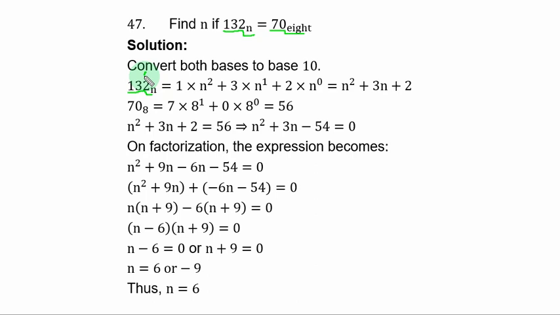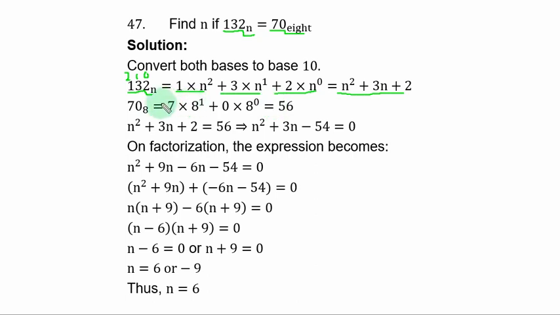Here the positions are 0, 1 and 2. So you have 1 times n power 2 plus 3 times n power 1 plus 2 times n power 0, which results in n squared plus 3n plus 2.